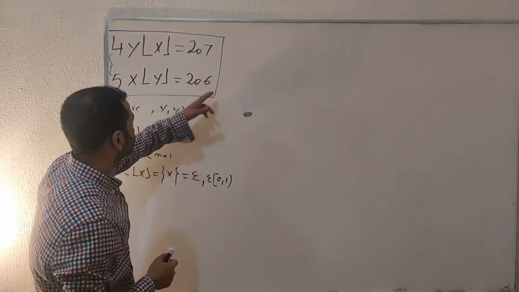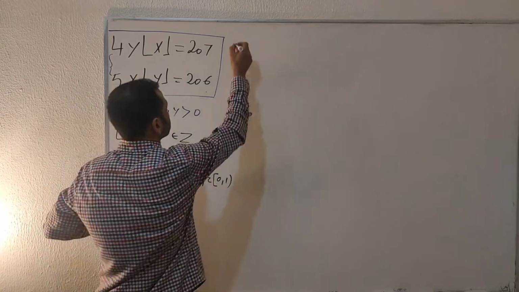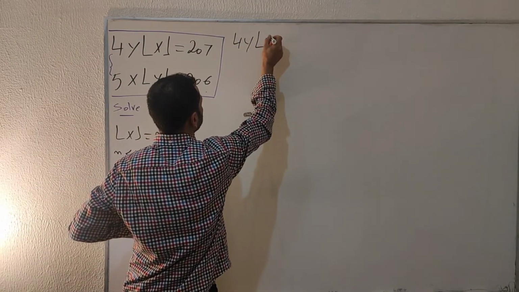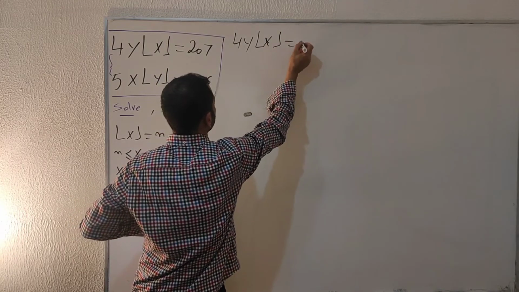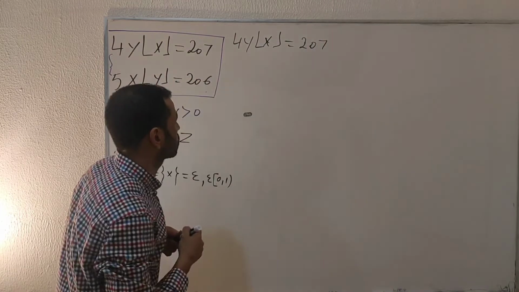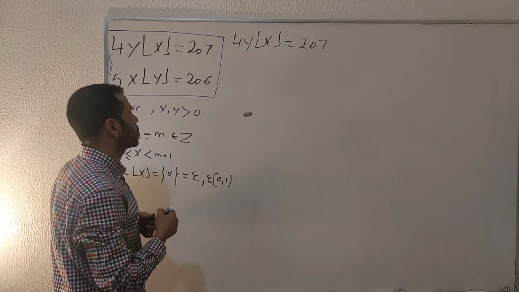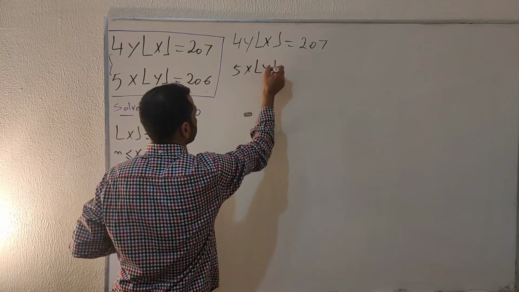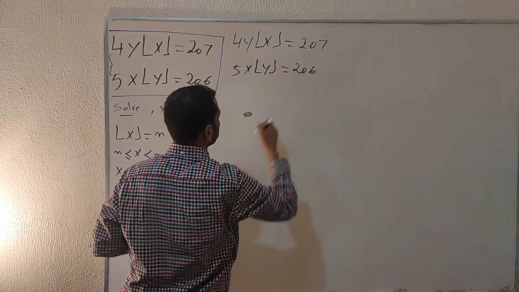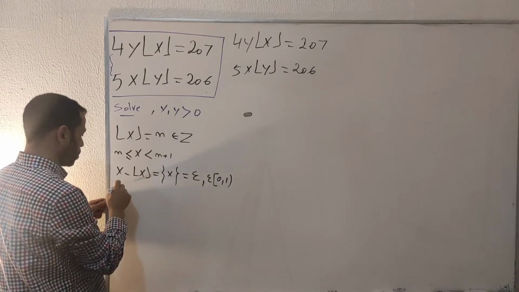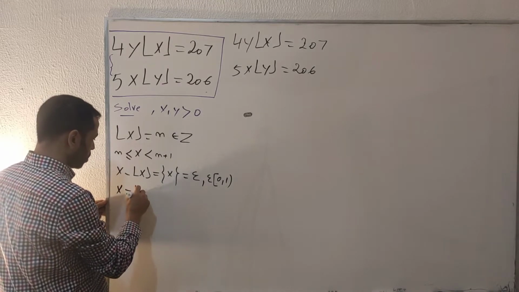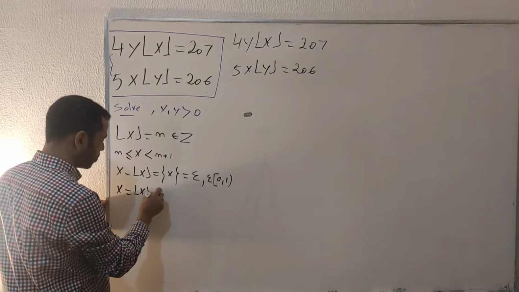We have the following equations: 4 multiplied by y multiplied by the floor of x equals 207, and the second equation, 5x multiplied by the floor of y equals 206. Let's set x equals the floor of x plus epsilon 1.